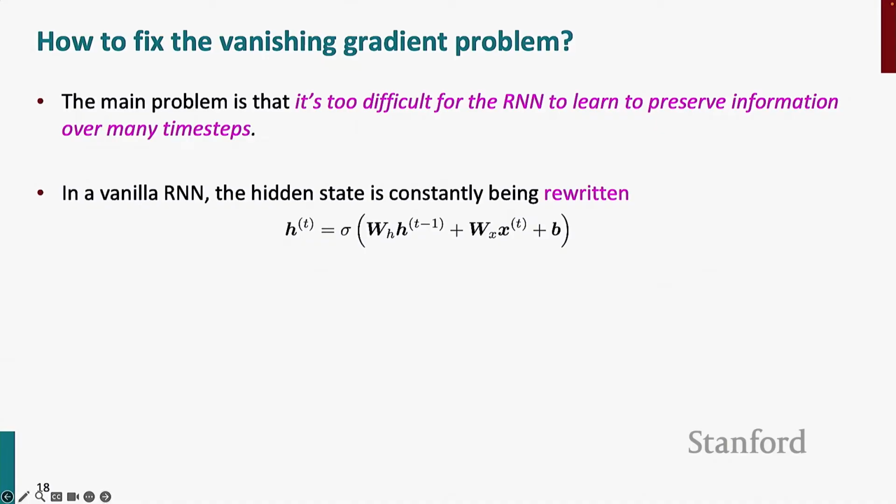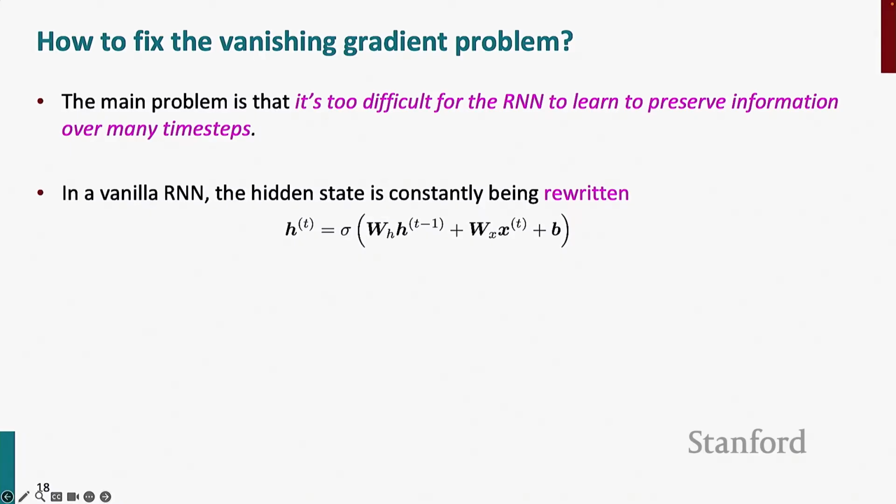So that problem is solvable, but fixing the vanishing gradient seemed a more difficult problem, right? This was the problem that our RNNs effectively couldn't preserve information over many time steps. What seemed to be the problem there? The problem seems to be really that we've got an architecture that makes it very hard to preserve information.